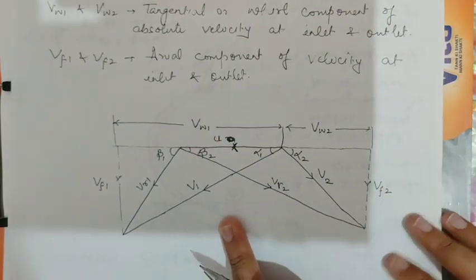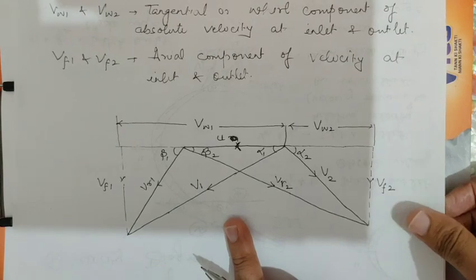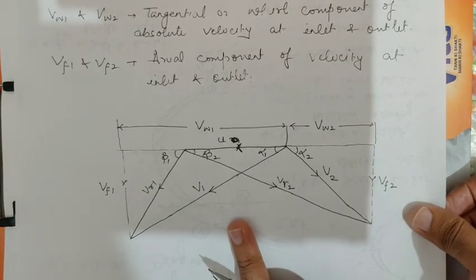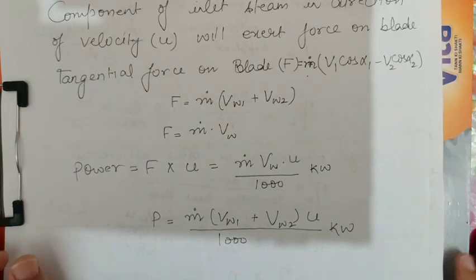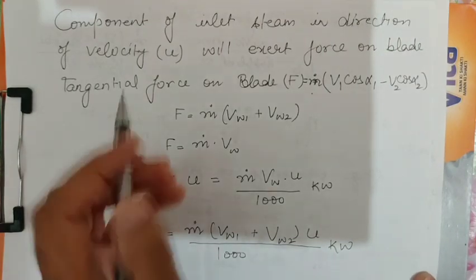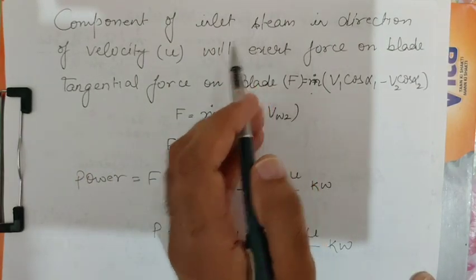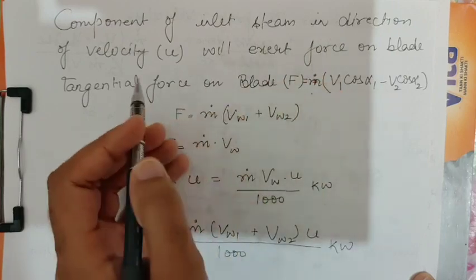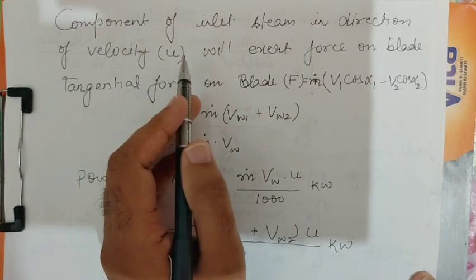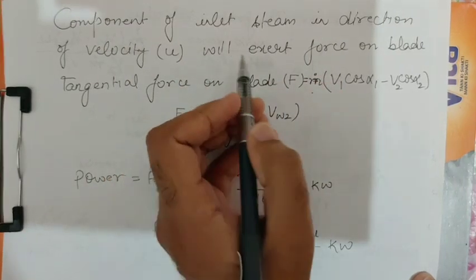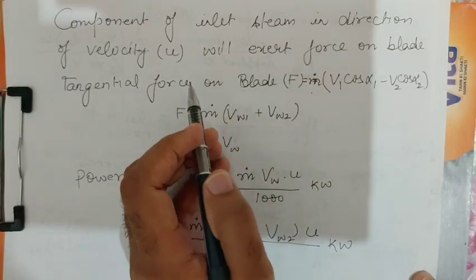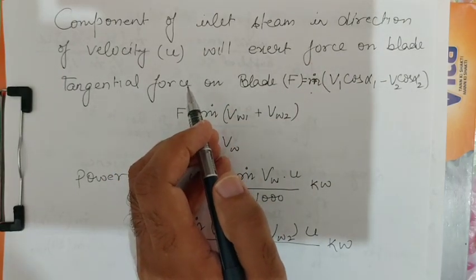Now we are going to analyze the impulse turbine. So the component of inlet steam in the direction of velocity U will exert force on blade. It means which direction?